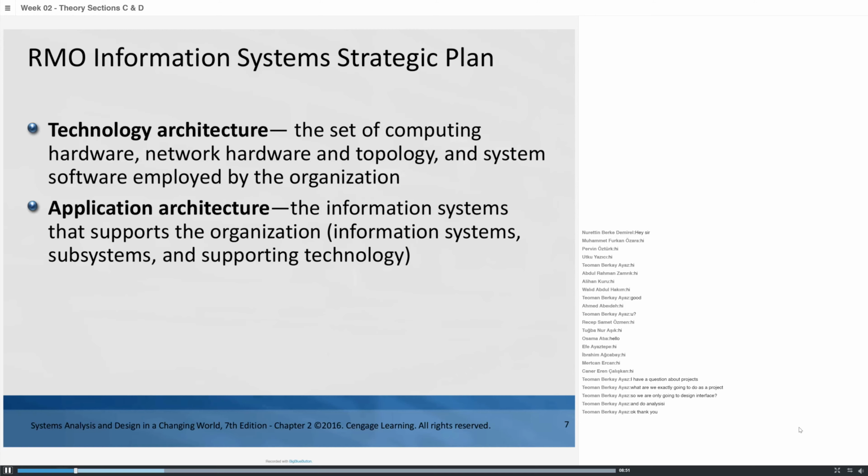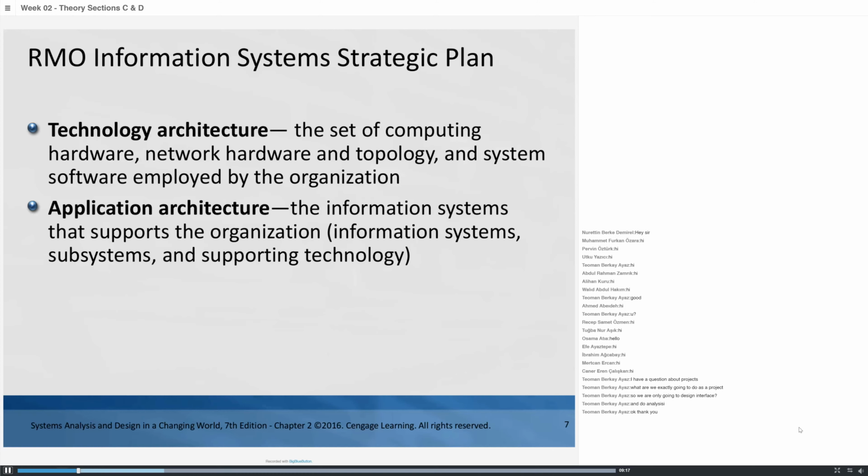Okay. Also, application architecture is used to express a set of information systems, for example, software applications, that the organization needs to support its strategic plan.